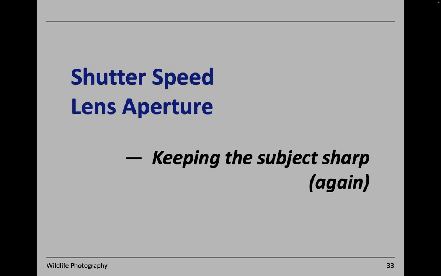Okay, let's have a little think about technicalities of shutter speed and lens aperture. Again, you want to try and choose the shutter speed and lens aperture that gets you the best image. Sometimes you do not have time to worry about such things. I admit that most of the time I have my camera on auto because if something suddenly happens, I want to be able to catch it without thinking about, have I got the right shutter speed, have I got the right aperture?